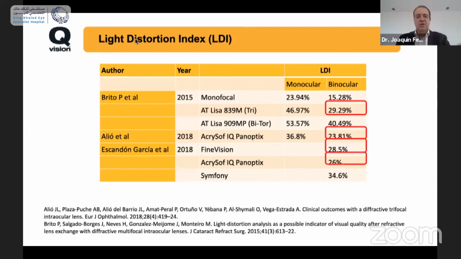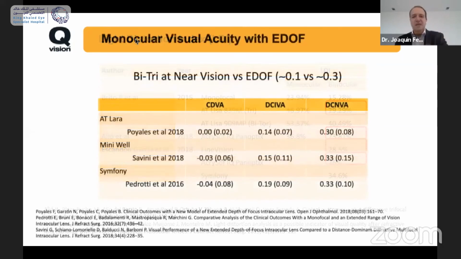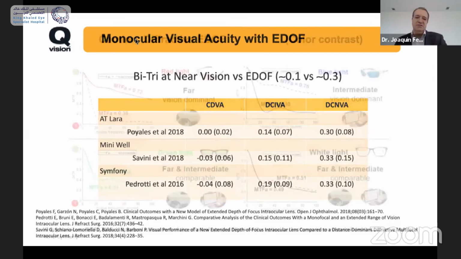So if we know this evidence, and we compare the near vision, which is really reduced compared with trifocal lenses, probably we need to ask ourselves if we need to reduce the near vision to try to reduce dysphotopsia, when the evidence is telling us that diffractive EDOF lenses are not reducing dysphotopsia. If you want to improve the intermediate vision, EDOF is good enough. But if you are using EDOF lenses trying to reduce dysphotopsia, this is not based on evidence.